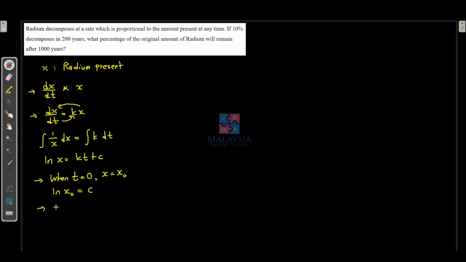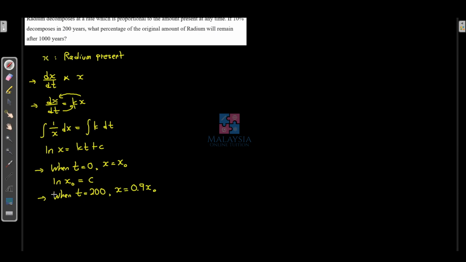That's it. And then they said after 200 years, when t equals 200, 10% decomposes, meaning how much do you have left? 0.9, or 90% left. That's why we write 0.9 x naught. So we have ln of 0.9 x naught equals 200k plus ln x naught.